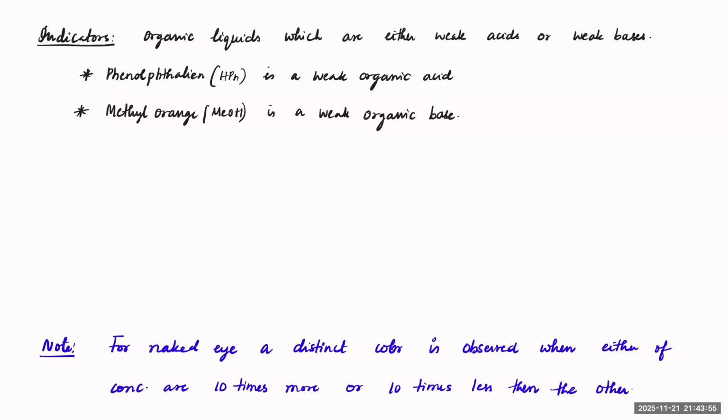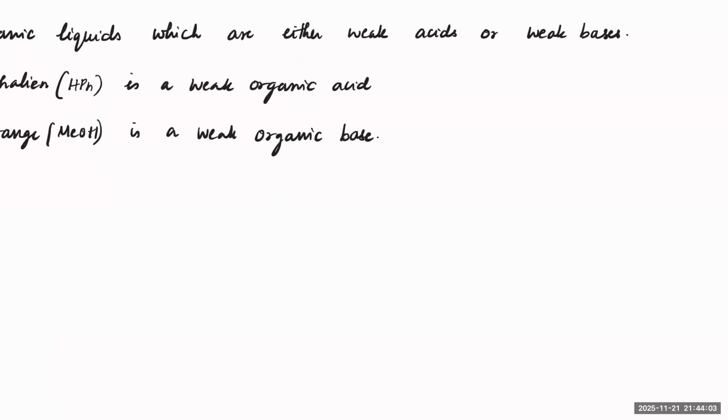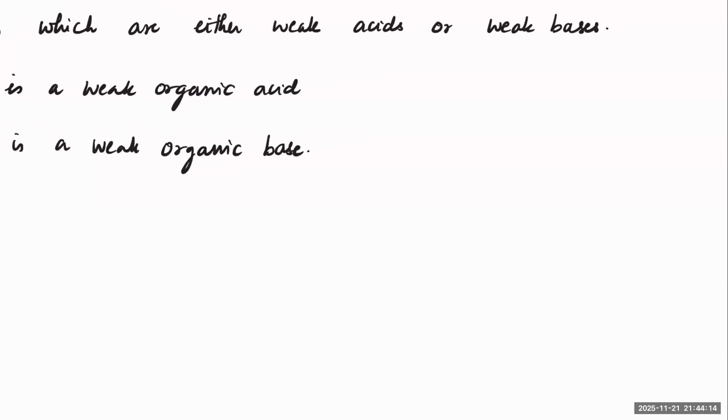Right. Clear? Now, notice what is phenolphthalein and what is methyl orange. Although the structure is not asked right now, going ahead, when we do the organic reactions, we will come across the preparation of phenolphthalein and methyl orange. Now, notice the structure. Usually, what is the structure like?